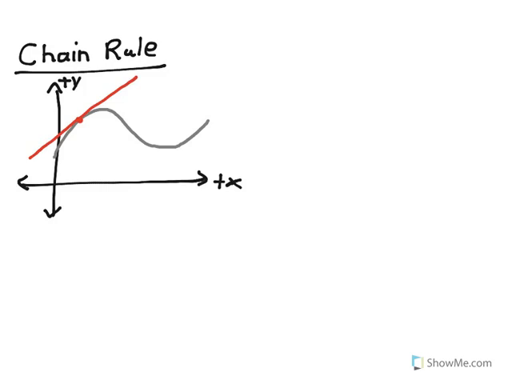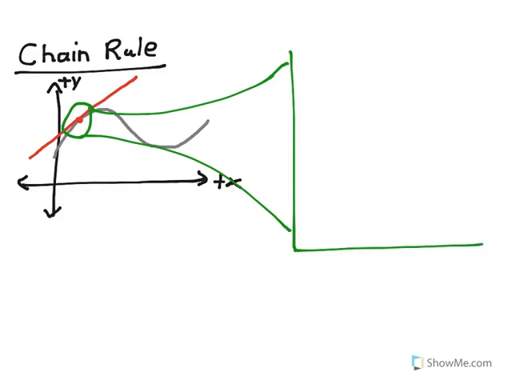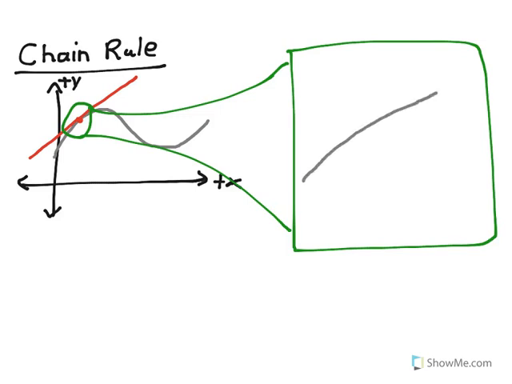Now, if we zoom in on the function around this point, so imagine that what I'm doing now is looking at that little part of the gray function in a magnifying glass, what I'd really see is a very gradual change in the inclination of that function.